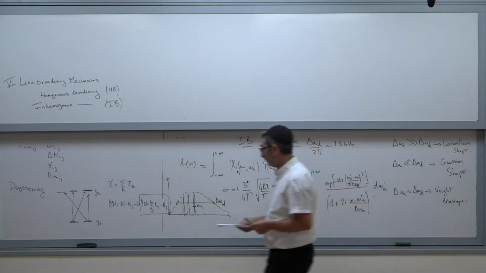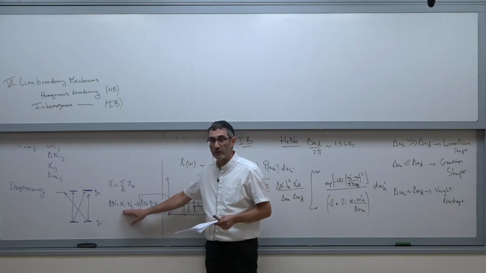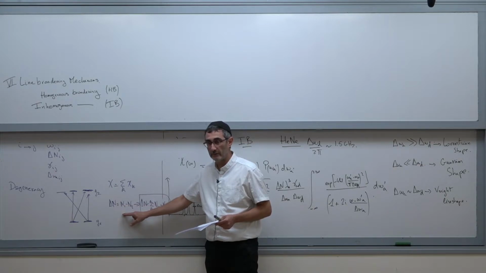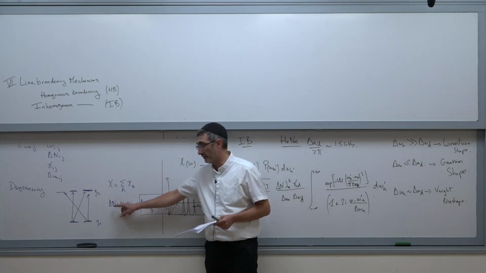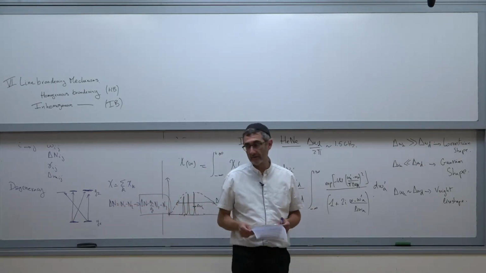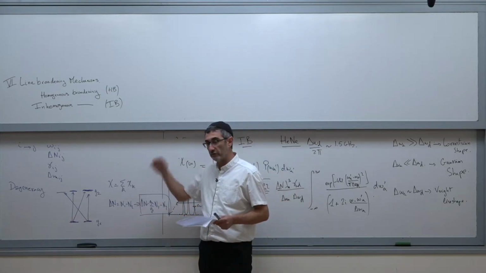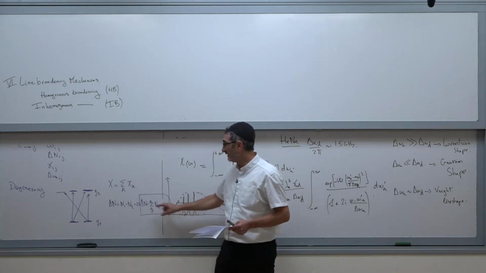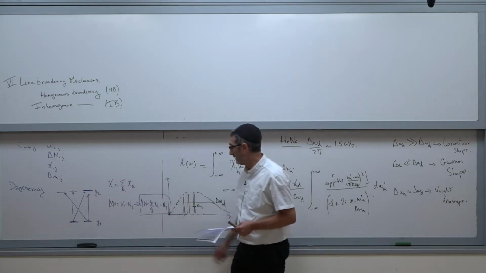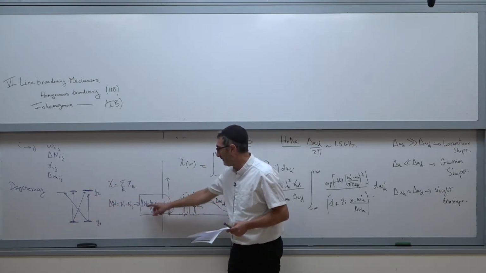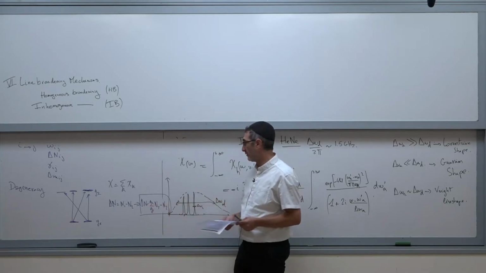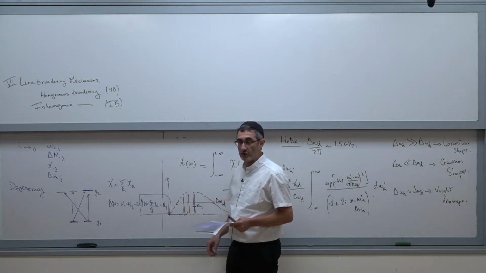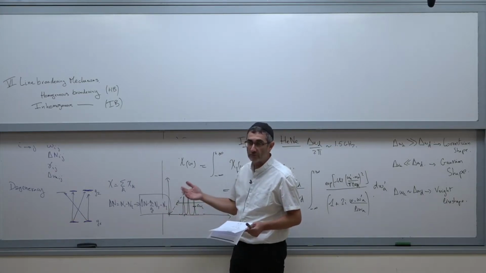So you remember the condition to have population inversion is what? Delta n should be smaller than 0, and population in level 2 should be larger than population in level 1. So in that case here, where it's more complicated, the condition will be the same. Delta n should be less than 0, which means that n1 over g1 should be less than n2 over g2.